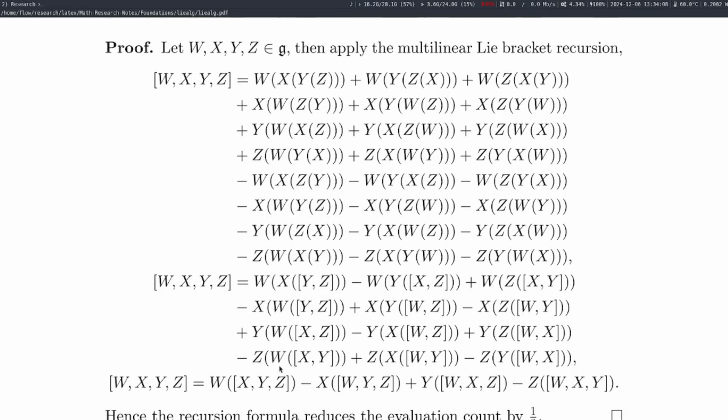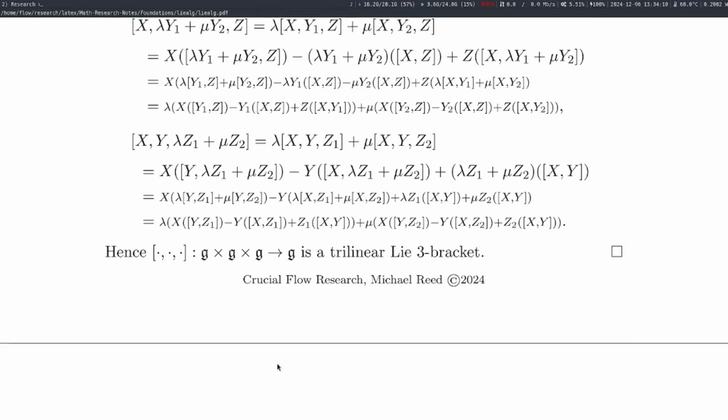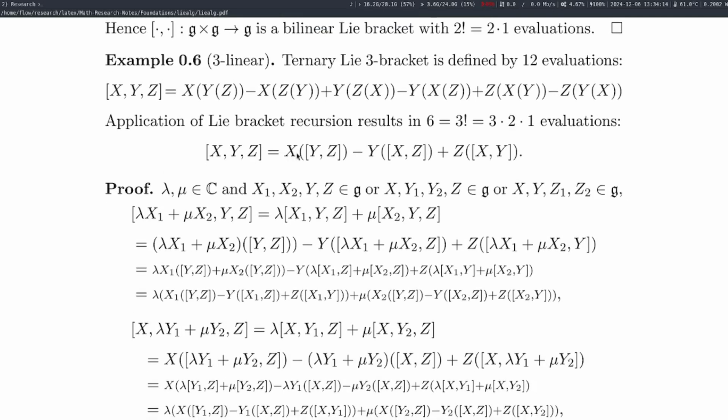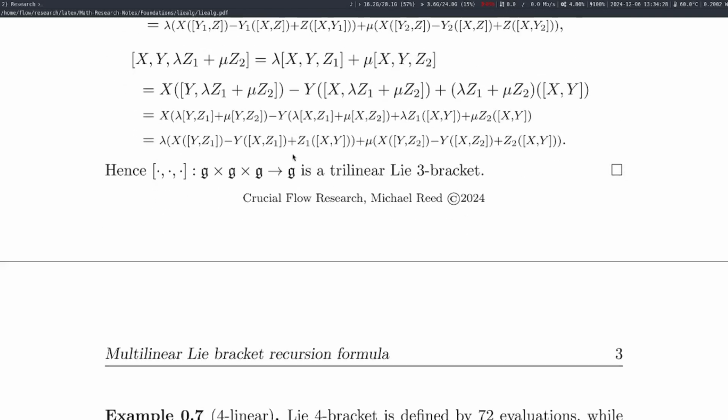If we go back to the trilinear case, right, we had x of y of z and minus y of xz plus z of xy. Now we just have to imagine that there's an extra w on the outside here. And so that was the trilinear case.